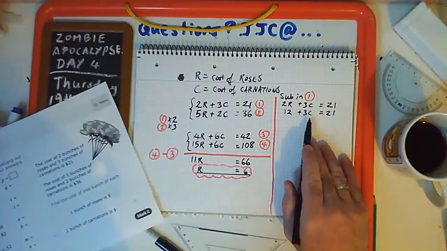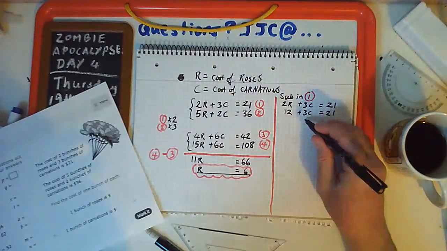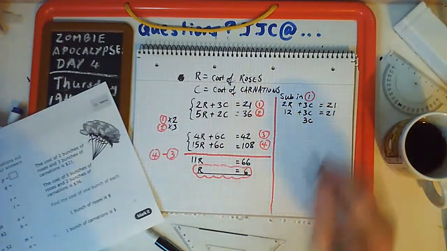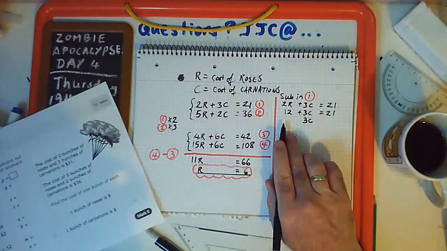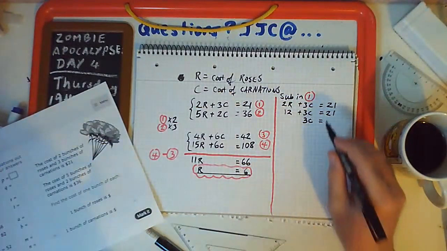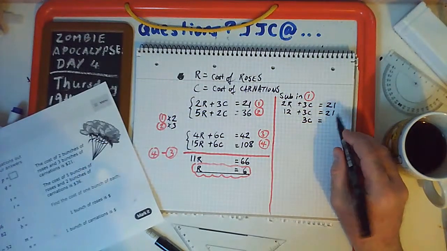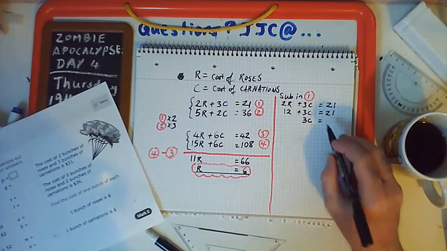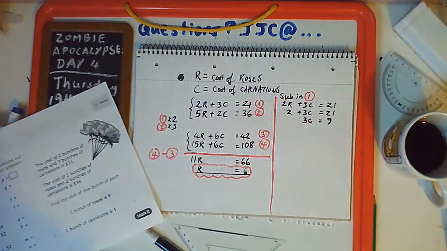I'd quite like to get the bit with C on its own, so I'm going to take away the 12, but because an equation is like a balance, I need to take away the 12 from the right-hand side as well. So 21 take away 12 gives me 9.